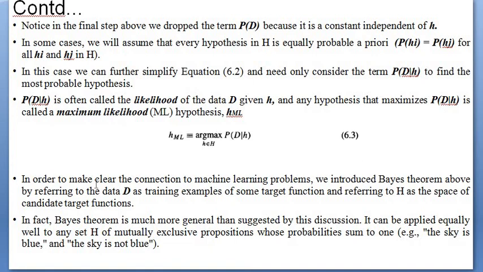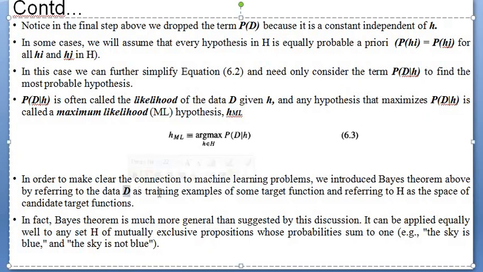In order to make clear the connection to machine learning problems, we will introduce the Bayes theorem above by referring to the data D as the training examples of some target function and referring to the hypothesis space as the candidate target functions.